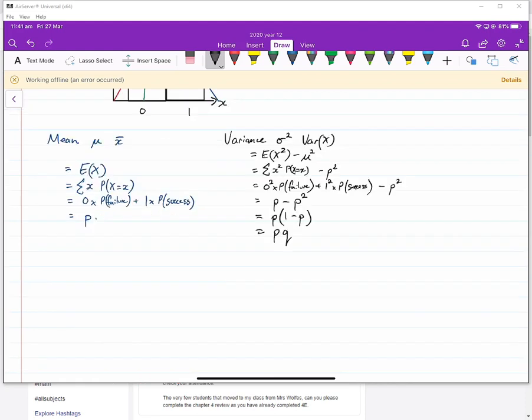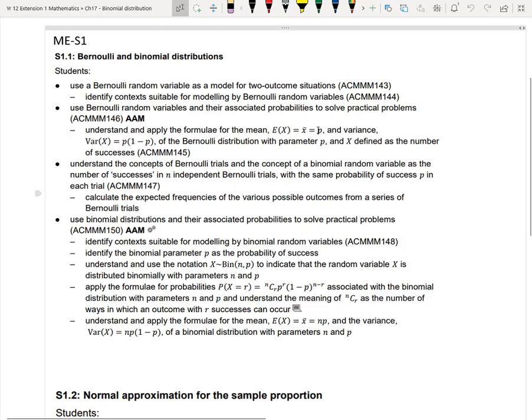If we check our syllabus info to see what I wanted to address this session: understanding what Bernoulli random variables are, and then understand and apply the formula for the mean of our Bernoulli variable, which is x bar, just a sample of 1, equal to p, and the variance, which is p times 1 minus p, of the Bernoulli distribution with parameter p and x defined as the number of successes.